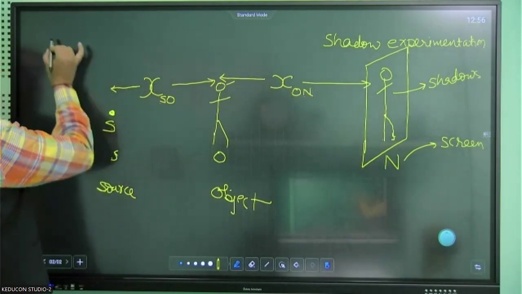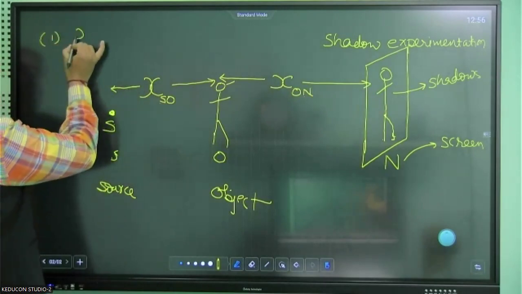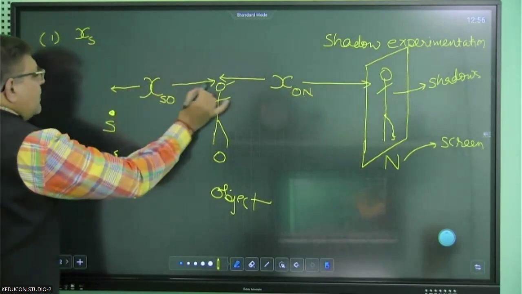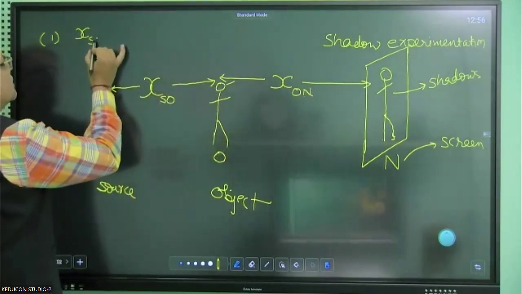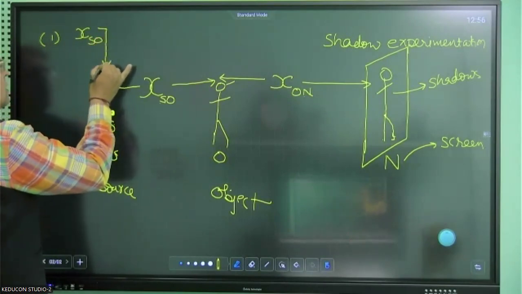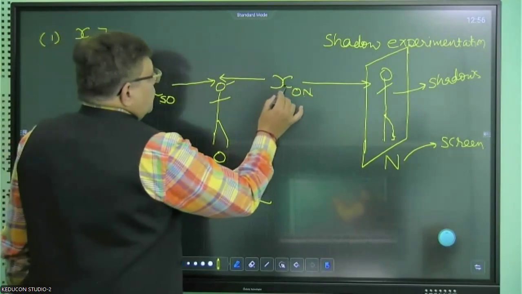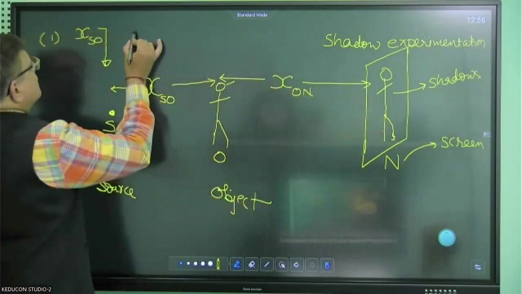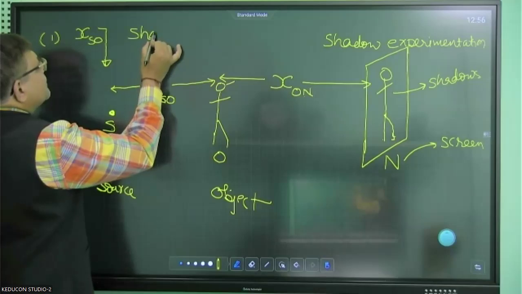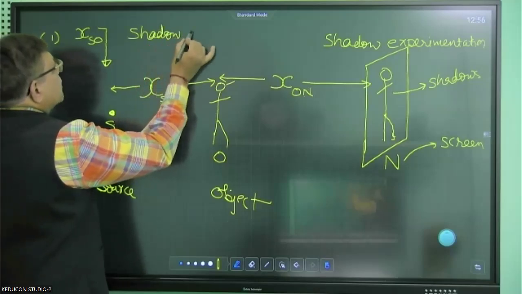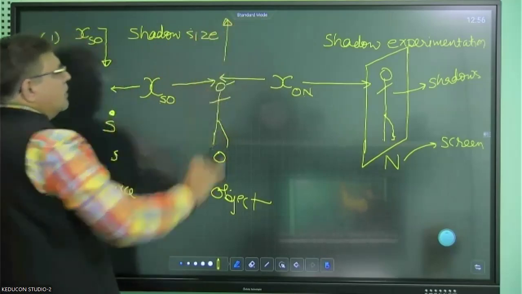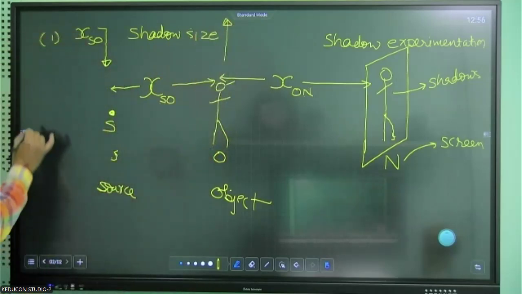Observation number one: if you decrease the gap between source and object, suppose this gap is decreased, the shadow size was found to be increasing. Shadow size was increasing. Okay. What was the other observation?